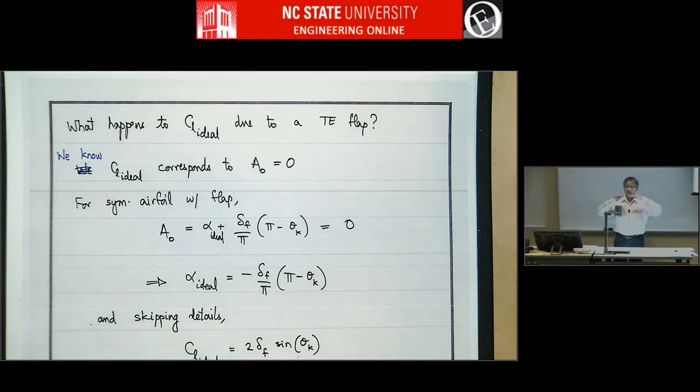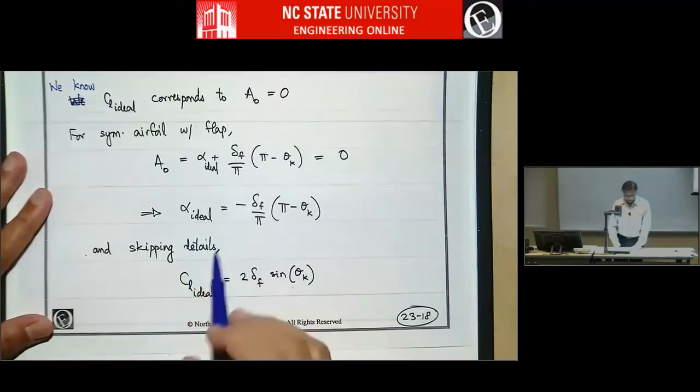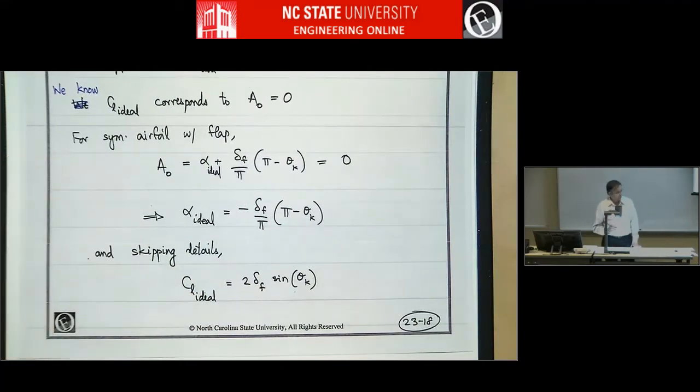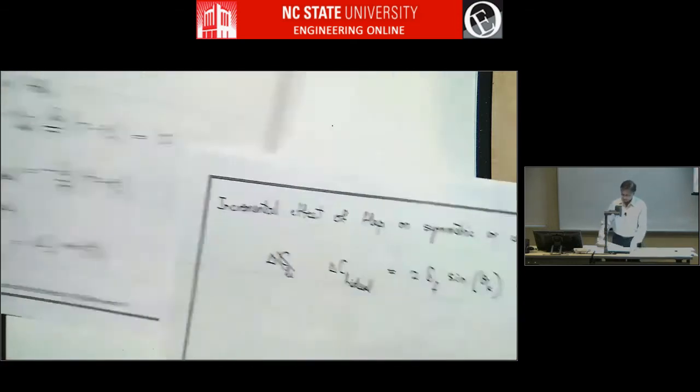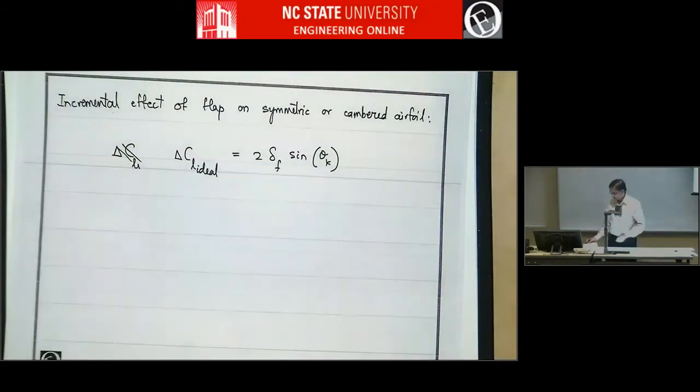So when you have an airfoil with a flap deflection, a symmetric airfoil, alpha ideal is minus 2 delta f over pi times this, pi minus theta k. And skipping the details, the CL ideal is 2 delta f times sine theta k. So this gives us the incremental effect of flap on any airfoil, symmetric or cambered.